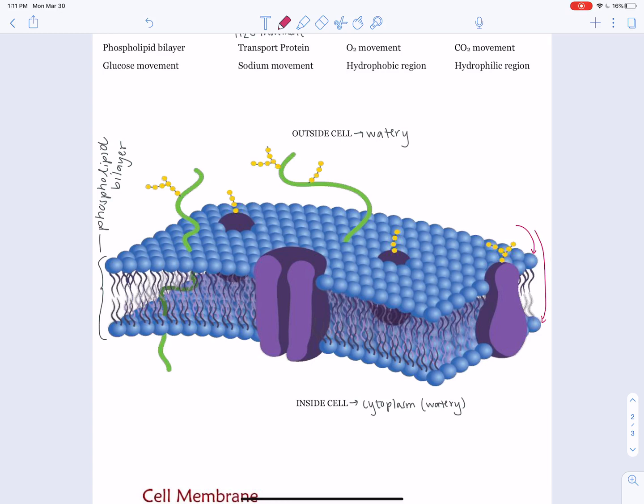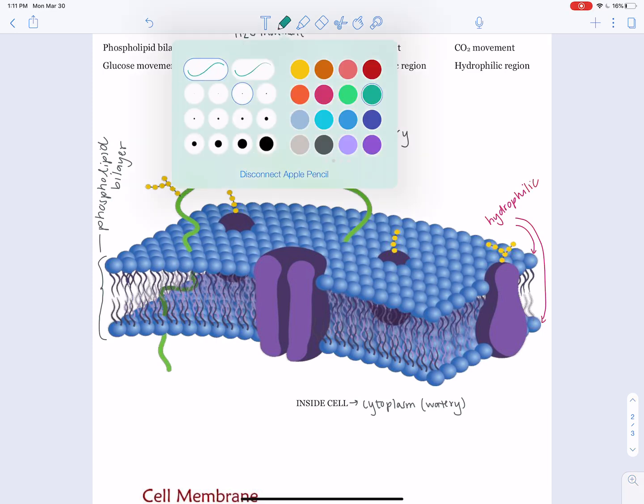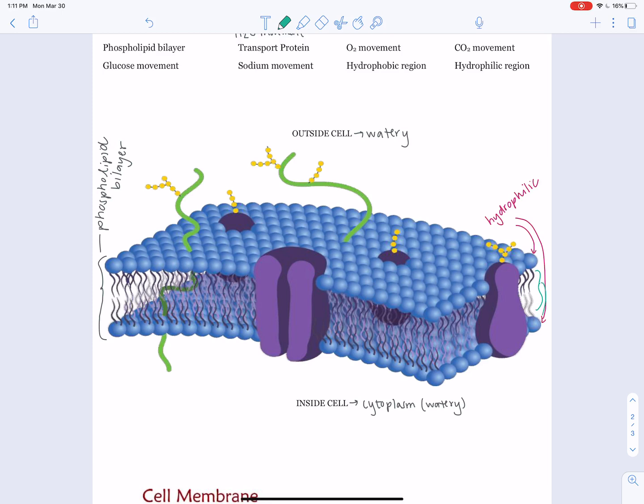So we have our hydrophilic heads on both sides of the membrane. Inside of the membrane, though, are our hydrophobic tails, or our nonpolar area. Hydrophobic tails.